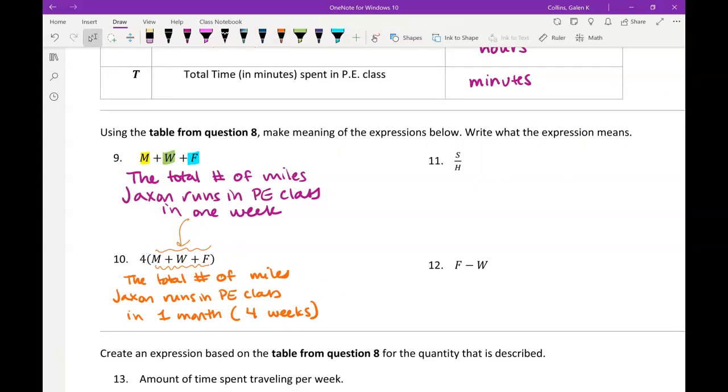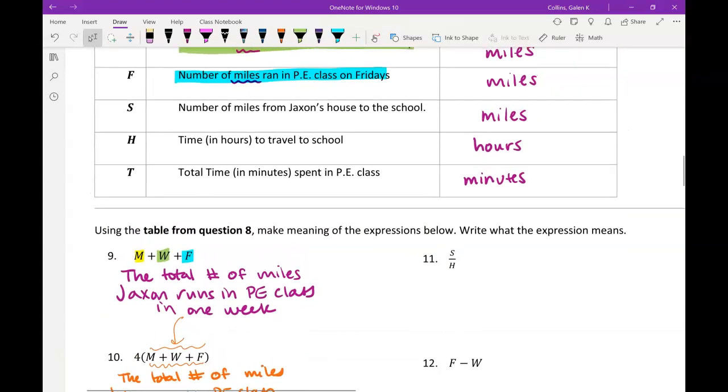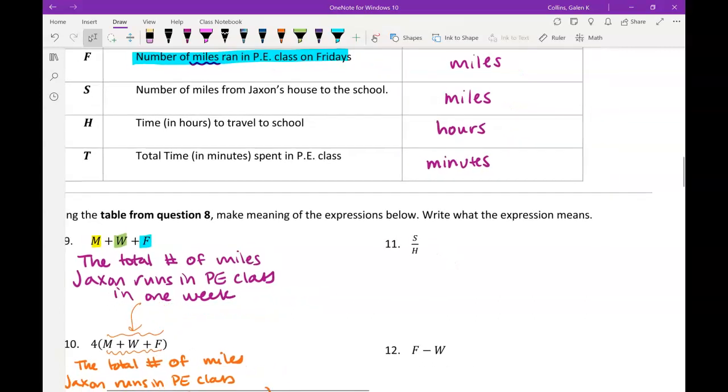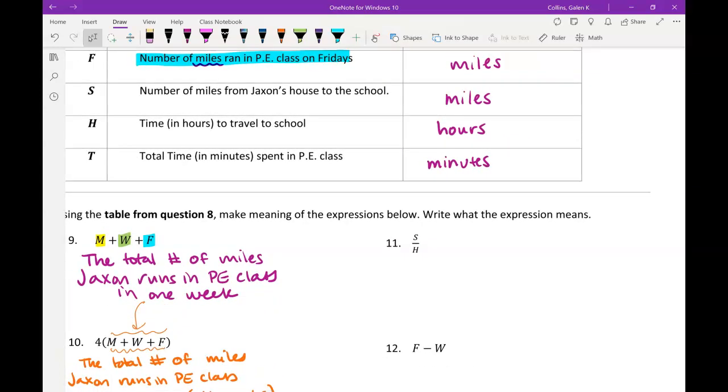All right, for number 11, now we have S divided by H. So if I look up at my table, S is the number of miles from Jackson's house to the school, divided by time in hours. We could think of this as a rate when I'm dividing one variable by another. So if we're being literal here, we could think about this as S representing really the distance from Jackson's home to school.